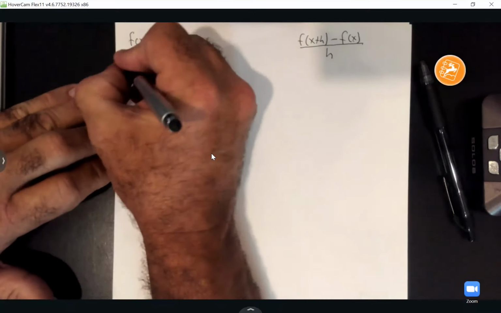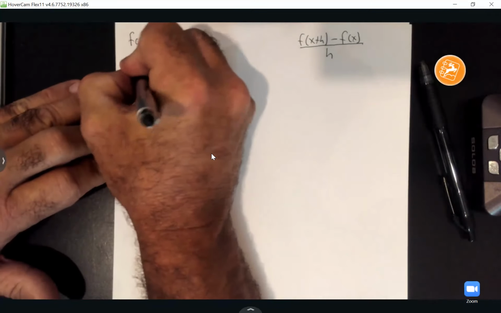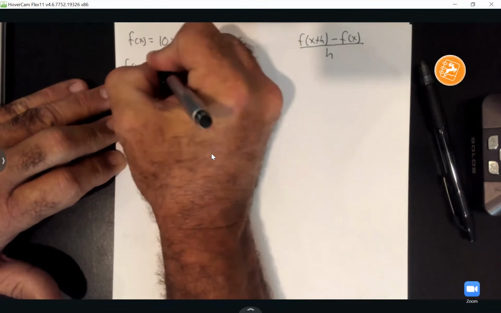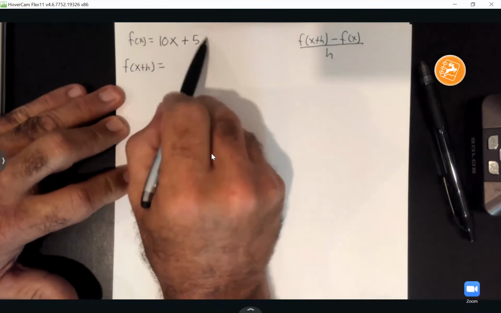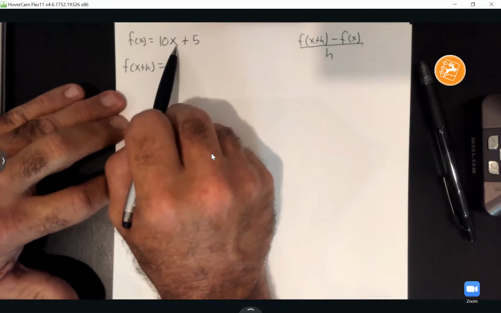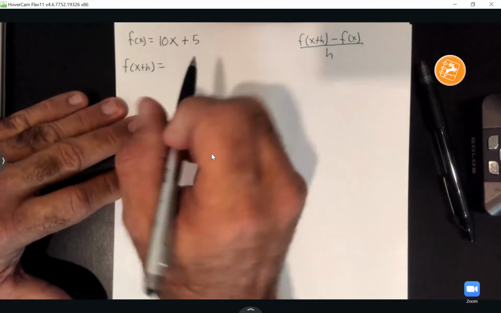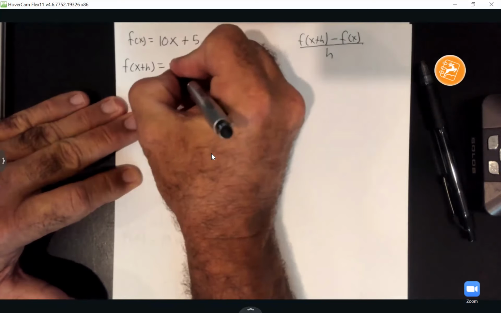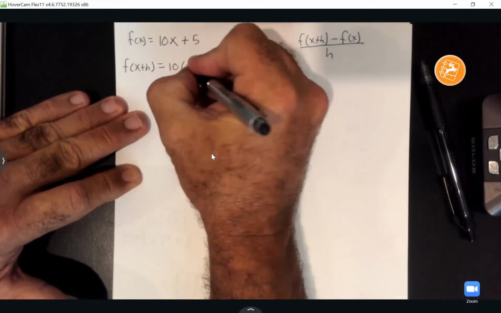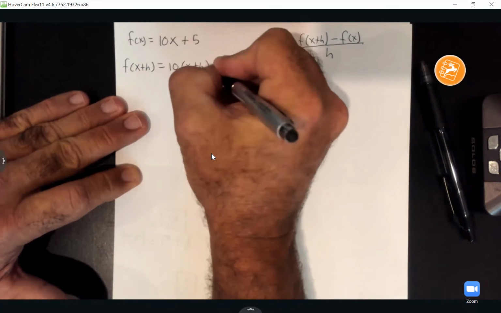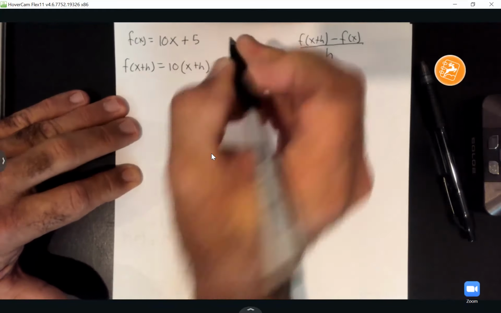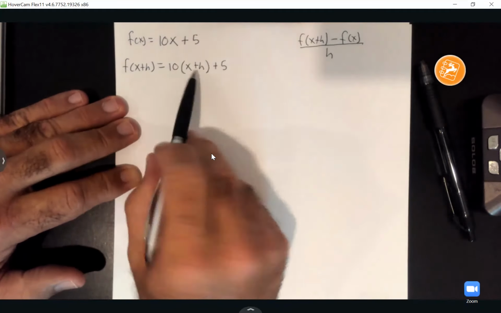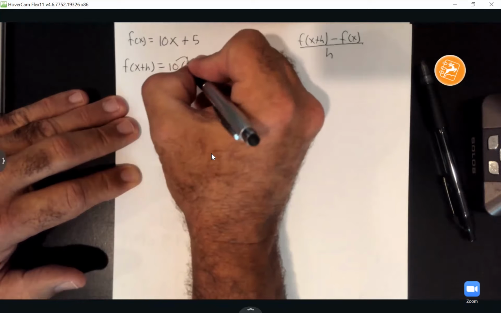Remember, the trick on this was finding f of x plus h. So you take your f of x and put an x plus h in for that x. So you're going to have 10 times x plus h, plus 5. Remove these parentheses by distributing the 10.